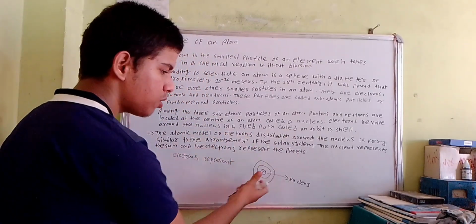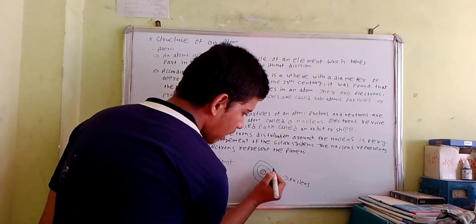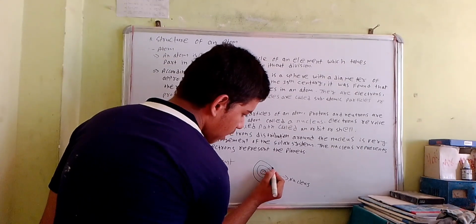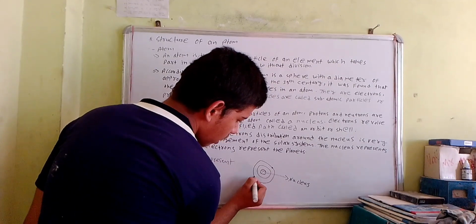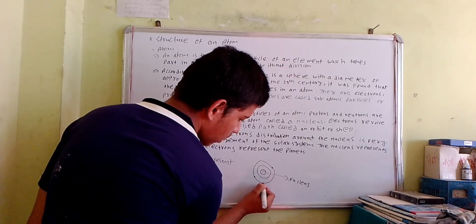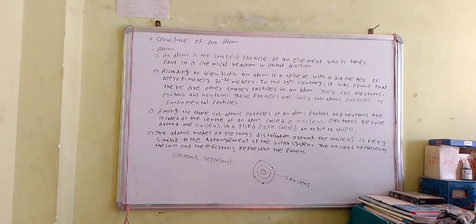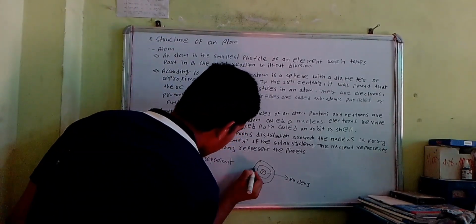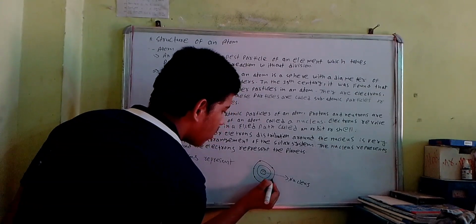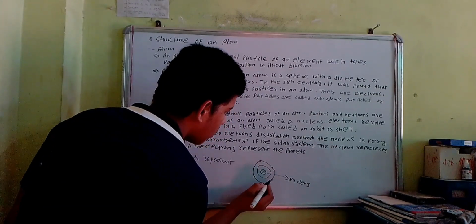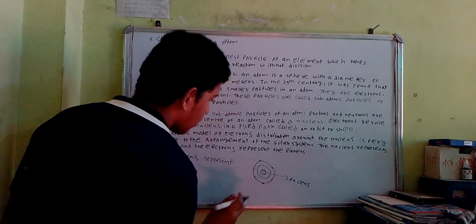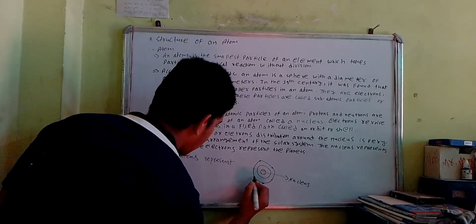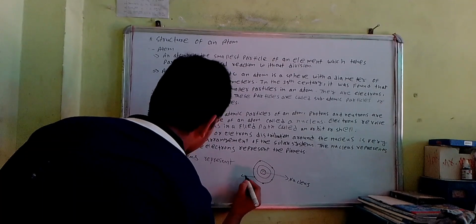So in this path there are some electrons. Electrons are located on this part. So these are electrons revolving around the nucleus, right? Let me write here. Electrons.